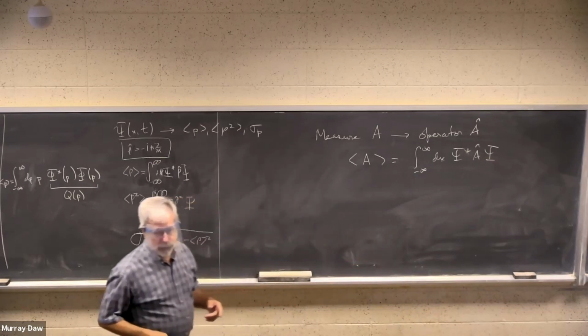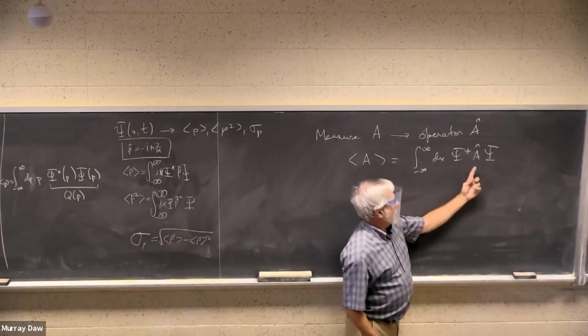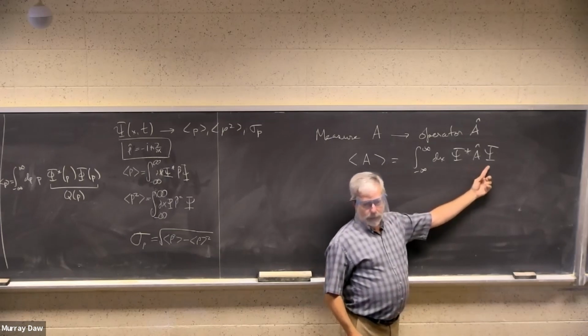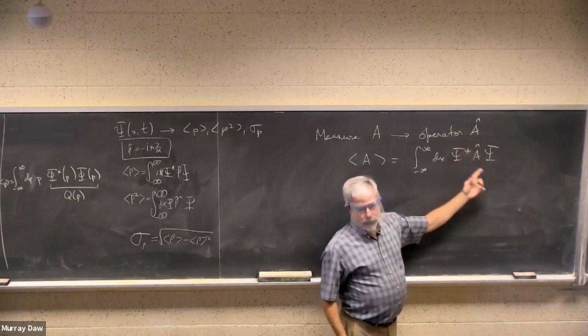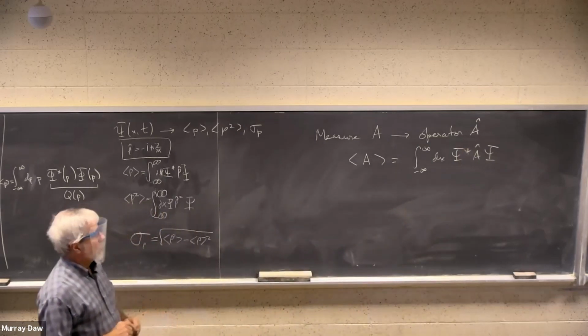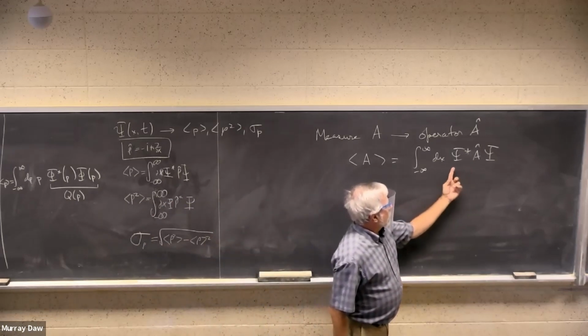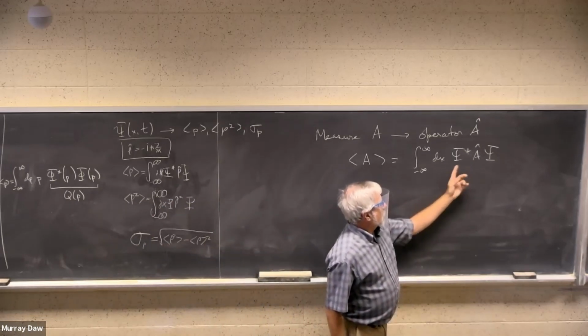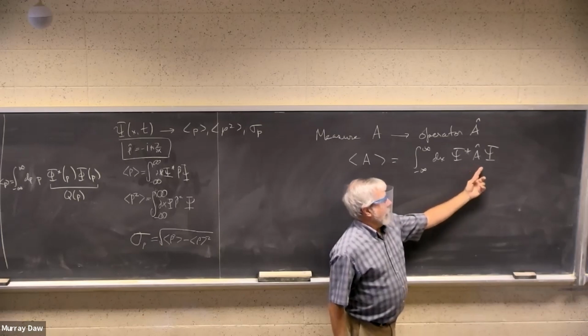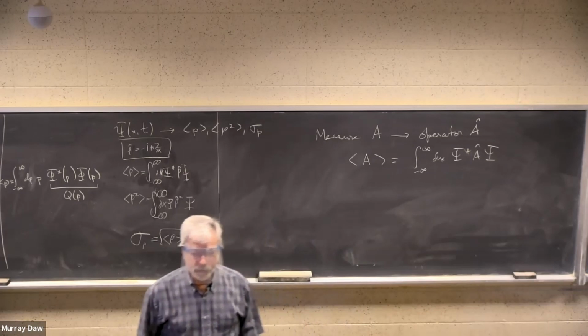And the question of whether you can reverse the order, put psi here and psi star there, depends on what kind of operators, whether there is a sign change or not. But you could define the operator so that if I switch the order, psi A hat psi star, there would be an operator associated with that.